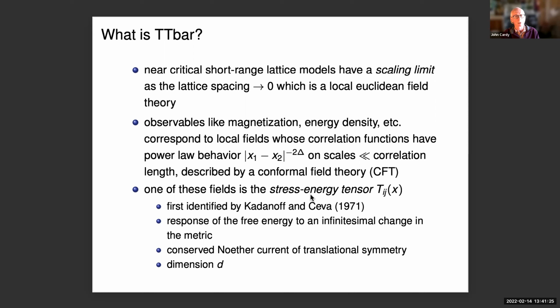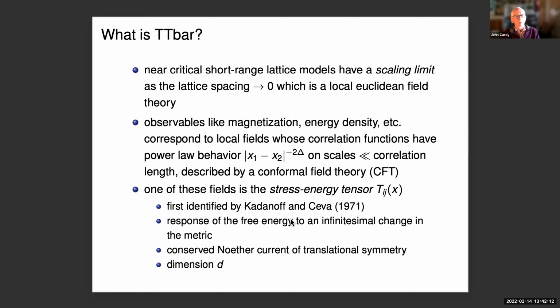And it's interesting that in the context of the two-dimensional Ising model, this object was first identified by Kadanoff and Ceva in 1971. All this was around the time that the connection between statistical mechanics models and the operator product expansion and that kind of thing was all being understood by Leo and his friends.